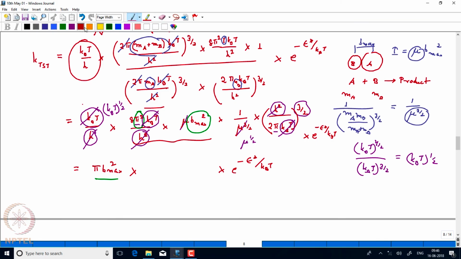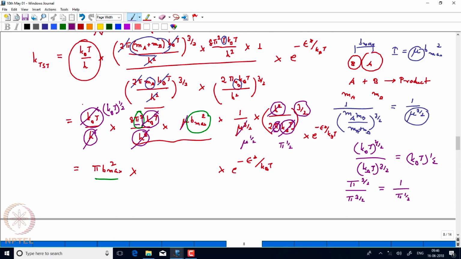So we have 1 pi in the numerator, and in the denominator we have pi to the power 3 by 2. So that pi we can write as pi to the power 2 by 2. So this pi and one of these pi will get cancelled, and then I will have pi to the power half in the denominator.